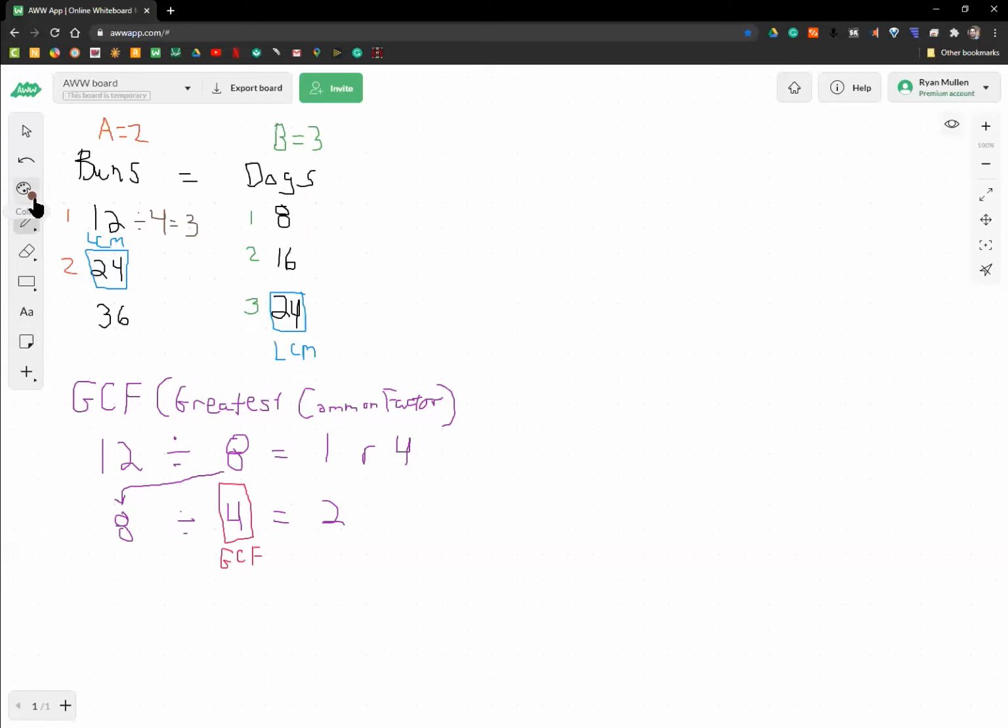B is 3, and that is not a coincidence. Because if I were to divide 8 by the GCF of 4, I would get 2. And 2 is A.